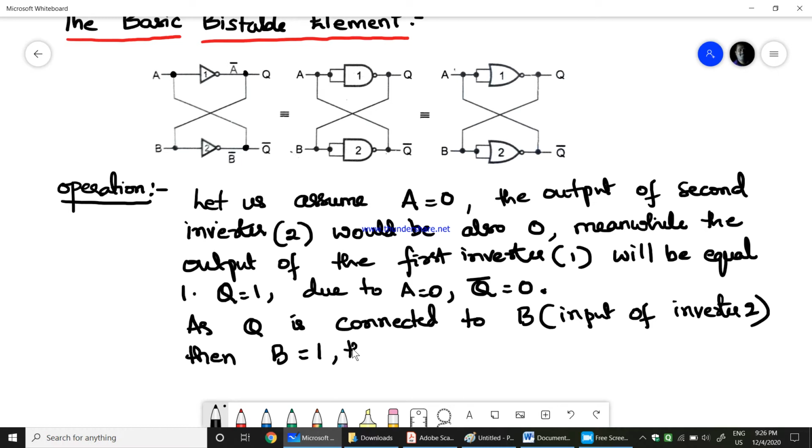Then this forces Q bar to be equal to 0 again.